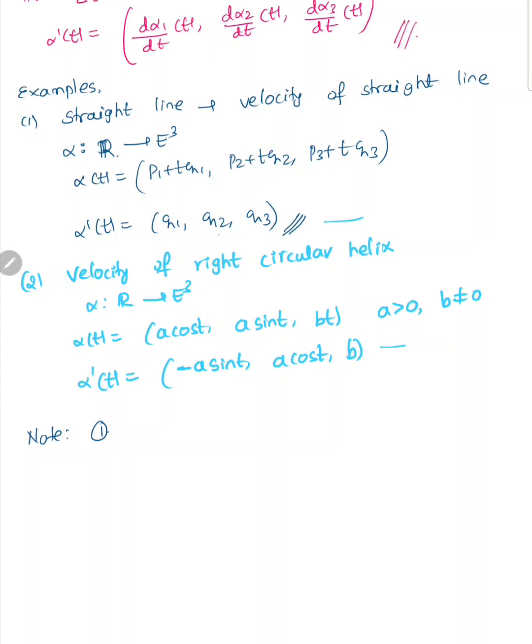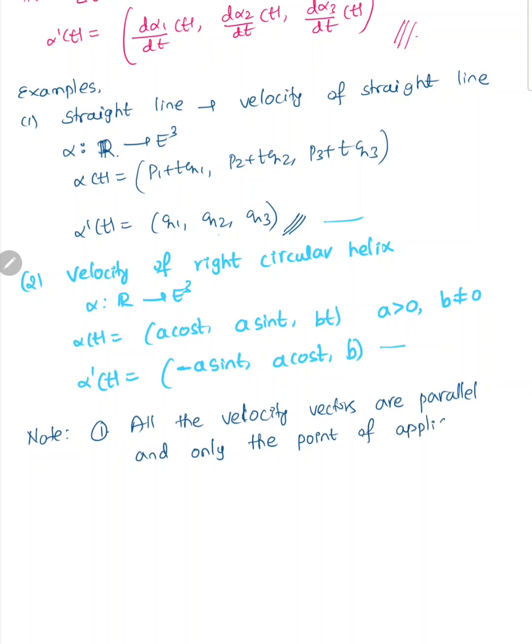Therefore we can infer that all the velocity vectors are parallel because it is a straight line. At each point, if we draw the tangent vector, all of them will be parallel, and only the point of application changes as t changes, in the case of a straight line.